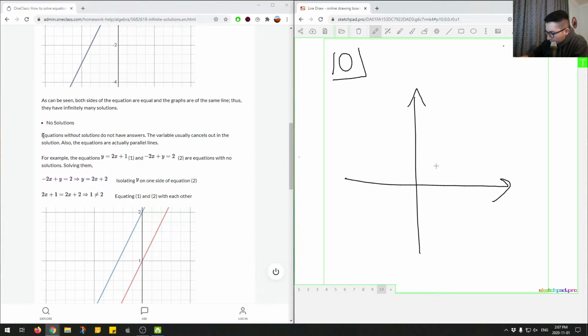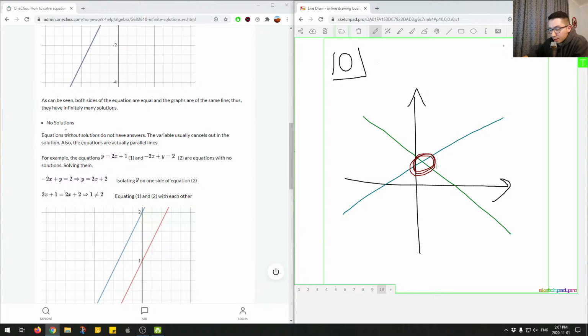We have line A, which is something like this, and then we have line B, which could be something like this. And our solution is over here. So the point where the two lines cross is our solution. So that's the second scenario.